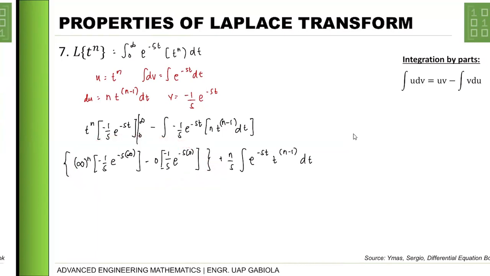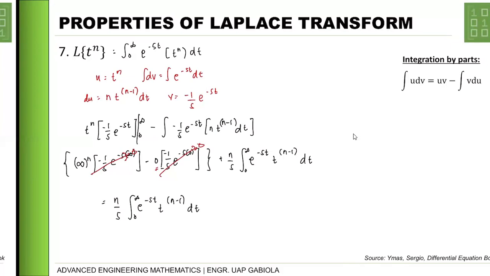So, this is raised by an infinite number, yung e natin. So, this will be 0. Okay? Then ito is multiplied by 0. So this will be 0 na din. Okay? So this will be n over s, integral of 0 to infinity e negative st t^(n-1) dt.